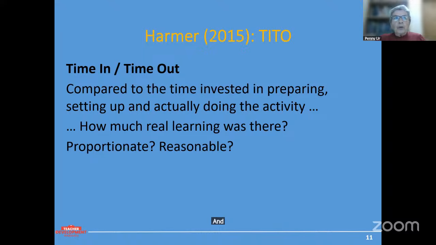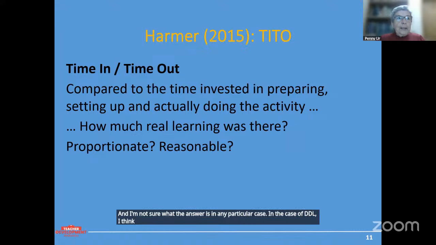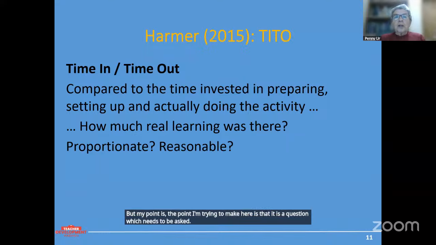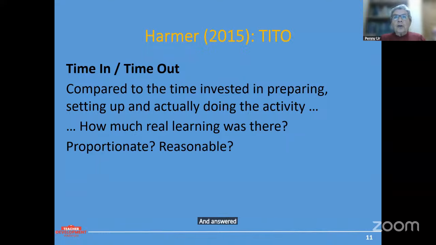I'm not sure what the answer is in any particular case. In the case of DDL, I think mostly it tends not to be worth it, but there may be cases where it is. But the point I'm trying to make is it is a question which needs to be asked and answered. What have I put into it and what am I getting out of it? Was it worth it?